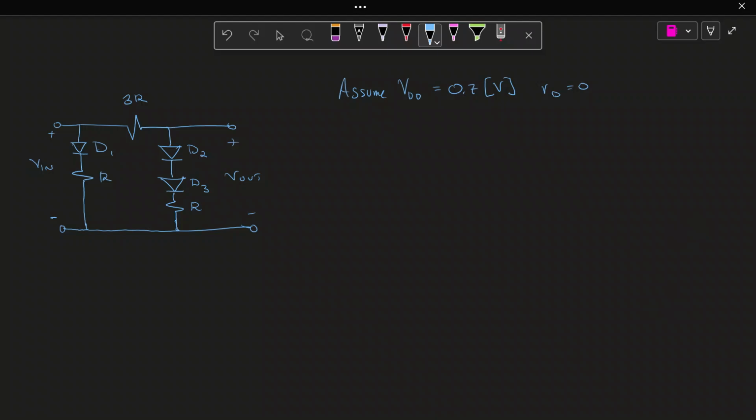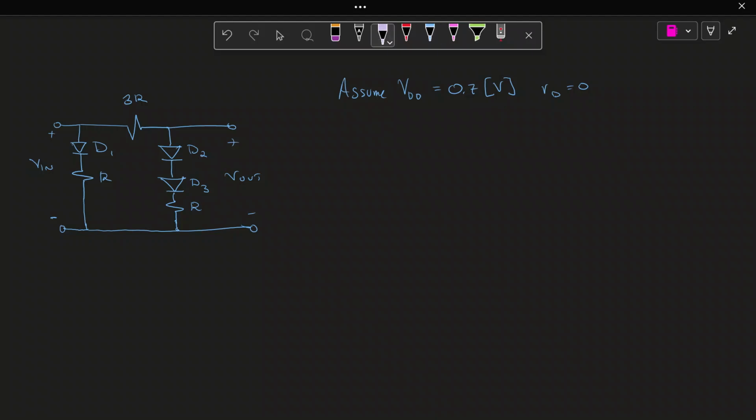We only have R values because we're not solving for actual values, we're solving for an equation.